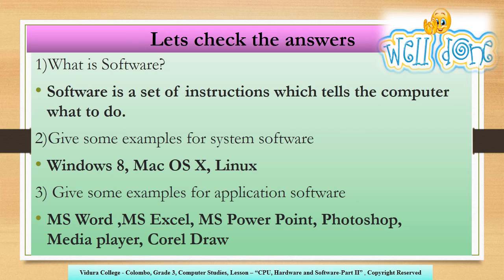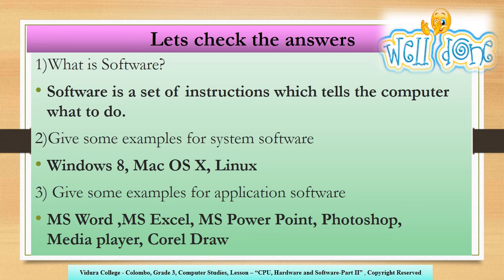Let's check the answers. Question number 1. What is software? The answer is software is a set of instructions which tells the computer what to do. The second question. Give some examples for system software.